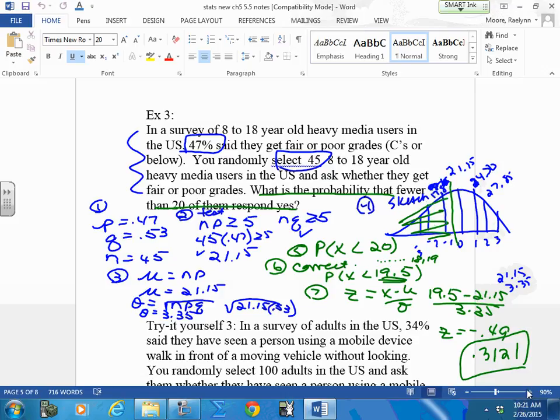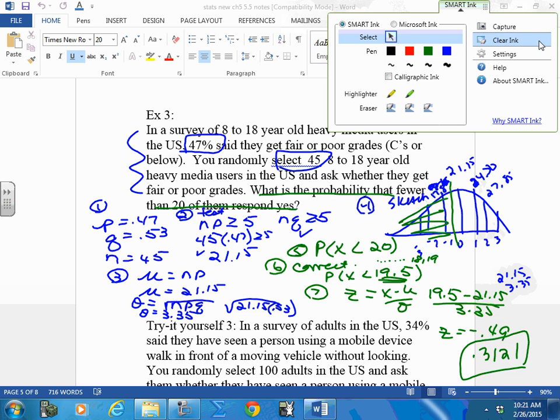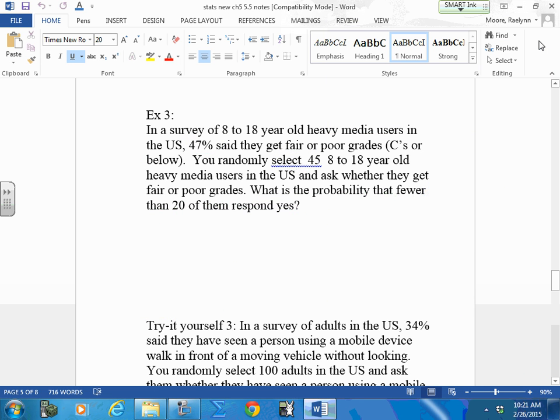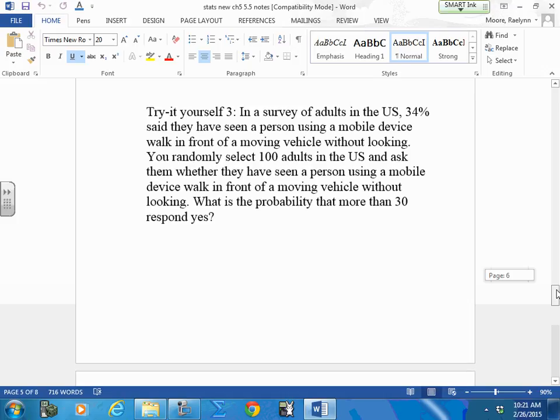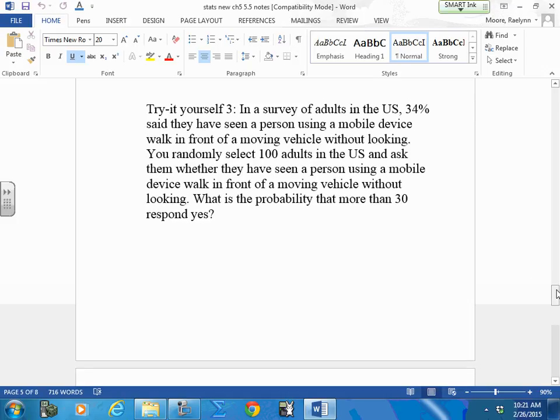Okay, let's try it. Let's try another one. Let's do the next one. In a survey, and we had this one previously before, of adults in the United States, 34% of them said they've seen a person using a mobile device walk in front of a moving vehicle without looking. So here's our P. P is 34%.